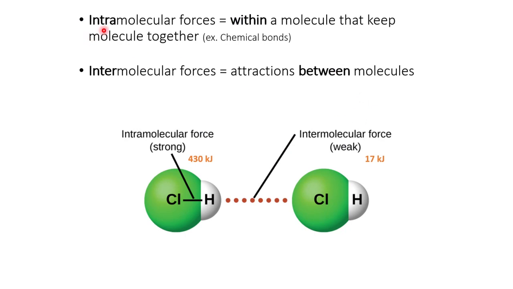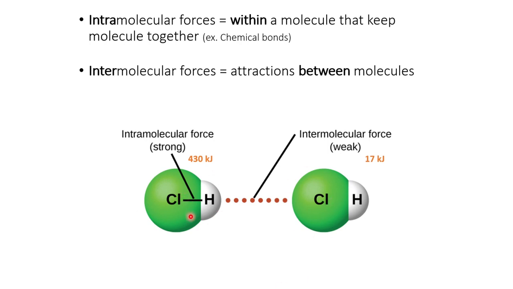So intramolecular forces, those are within a molecule. They keep the molecule together. Those are the chemical bonds. The intermolecular forces are the attractions between molecules, and these are weaker than the intramolecular forces. So looking at HCl, again, this is a polar molecule, so we have a partial positive charge on the hydrogen and a partial negative charge on the chlorine.